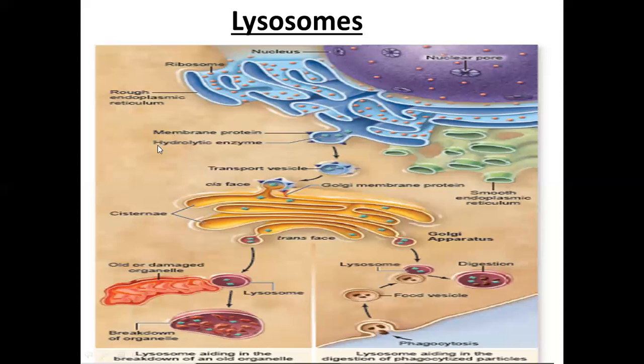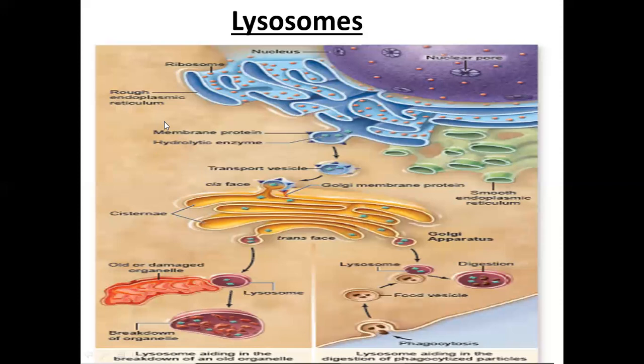For example, the lysosomes can be used in autolysis. For example, during metamorphosis, for the tadpole's tail to be reabsorbed, the lysosomes are needed. So those are the lysosomes.